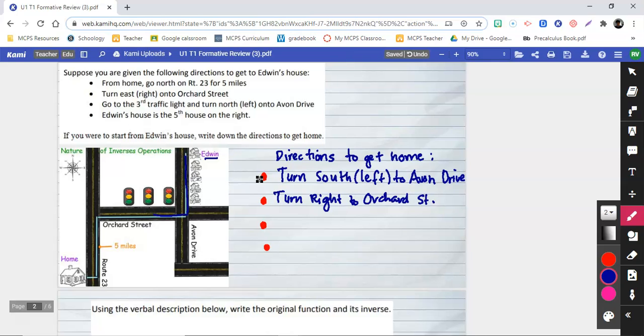So I'm passing 3 traffic lights and then turn left on Route 23. And then I'm going to travel 5 miles to home on the right.